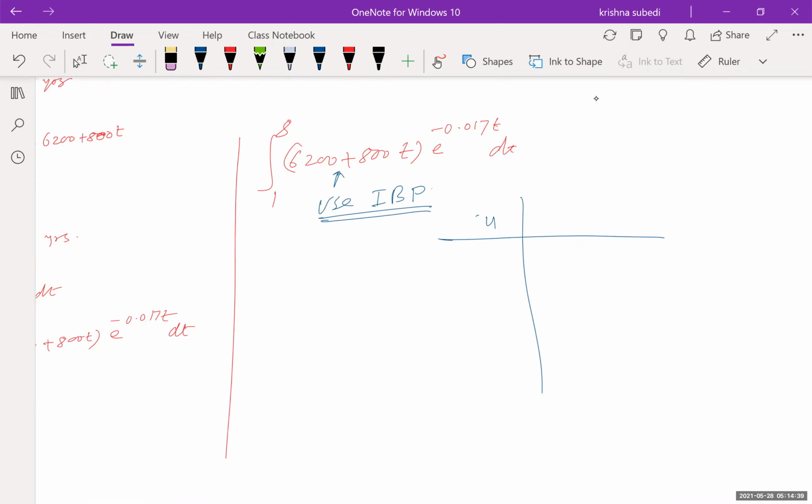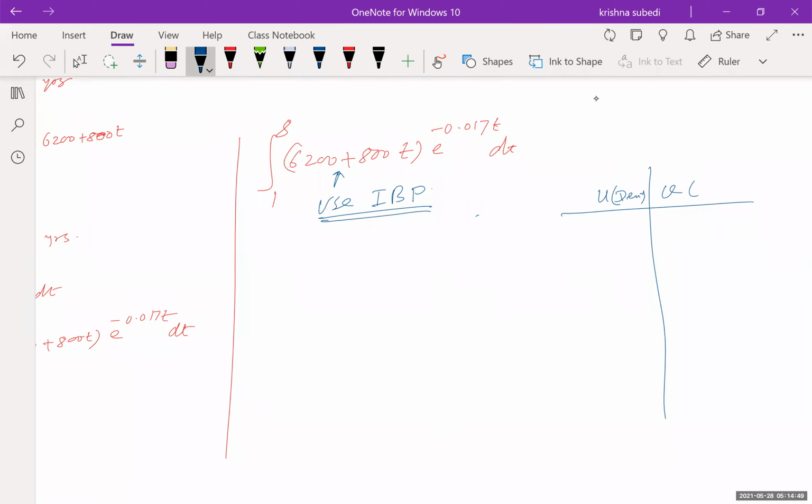Let me make a table here, a little bit this side. U, V, so this one is derivative, this one is integration, and here you'll get the signs. This one is your algebraic, this one is your exponential. In the LIATE rule, which comes first? A comes first.